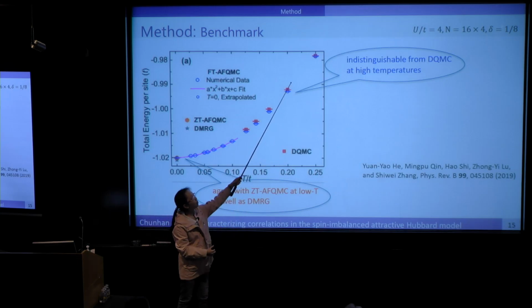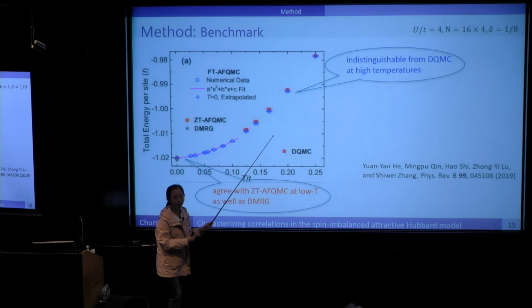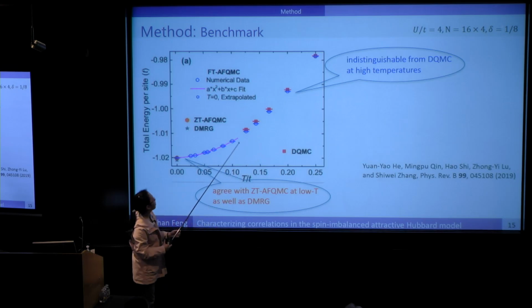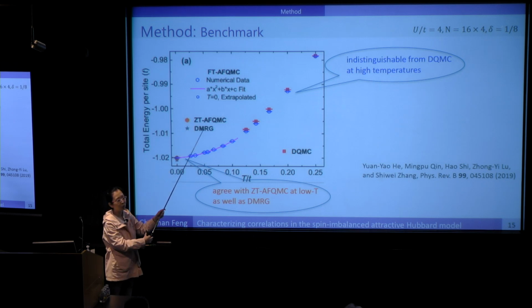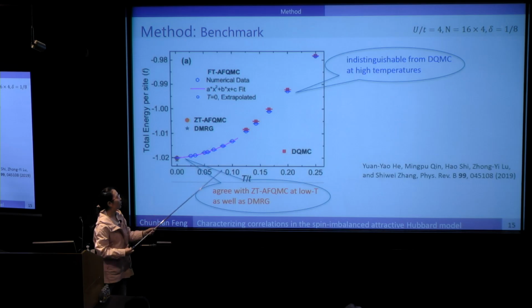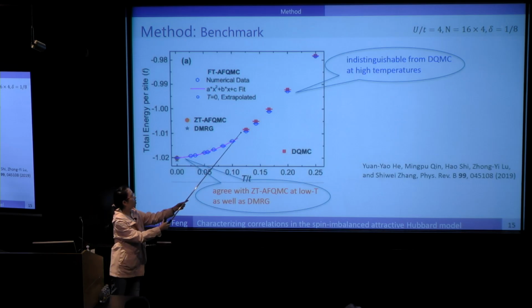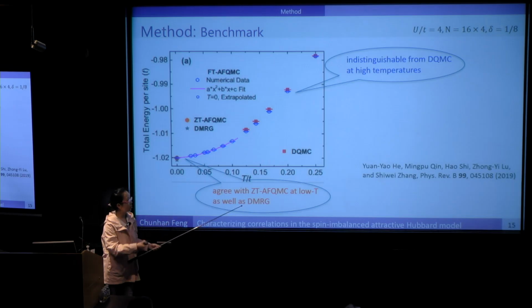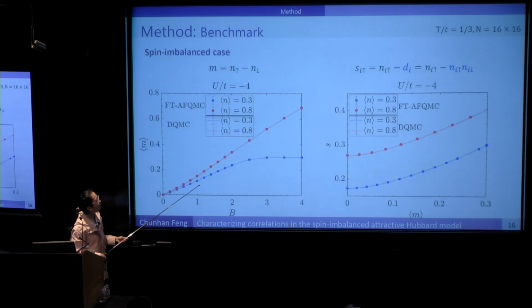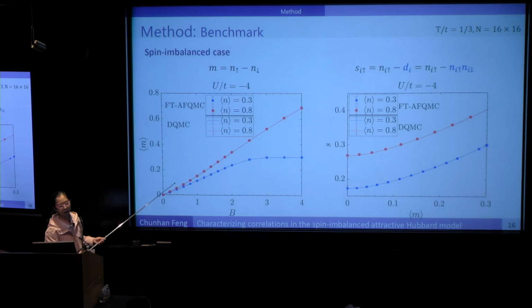So for the high temperature side, we can see basically they're just on top of each other. And when we lower the temperature, look at the two symbols here. We also have some results from the zero temperature version of the AFQMC and also results from DMRG. So basically, it just connects smoothly to the zero temperature AFQMC, which is also consistent with DMRG. So all of this tells us the method we used is pretty accurate.